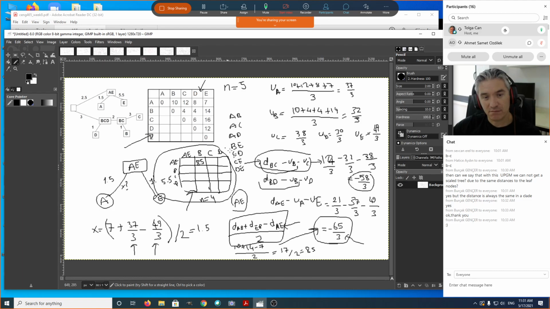And then we are going to compute those UA values, and then we are going to again choose the one with the minimum value of the distance between them minus UI minus UJ. The pair which attains the minimum of these measures is going to be chosen as the pair to be combined in the following iteration. All right, so this concludes our chapter, phylogenetic trees.